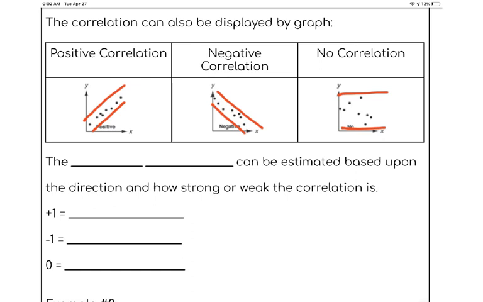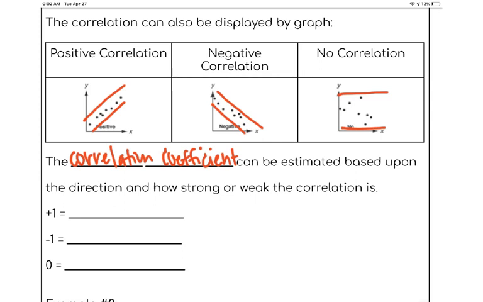A way that we can describe this is by it being a strong or a weak correlation, and it can be determined by a number. We call that number the correlation coefficient. It can be estimated based on the direction and how strong or weak the correlation is. With a positive 1 correlation, the closer to 1, the stronger the correlation.